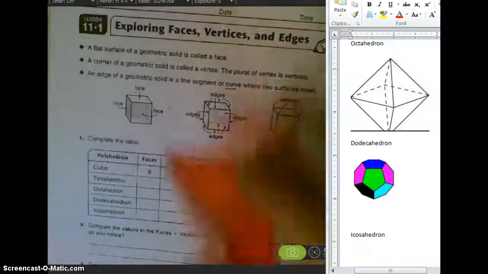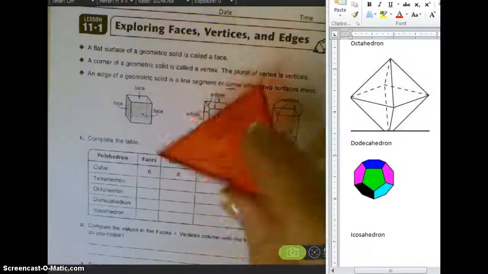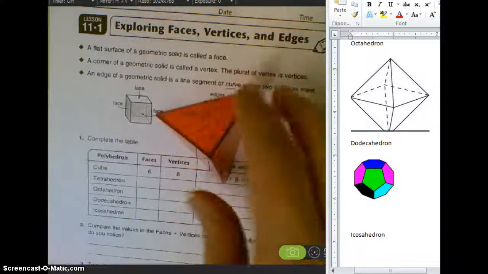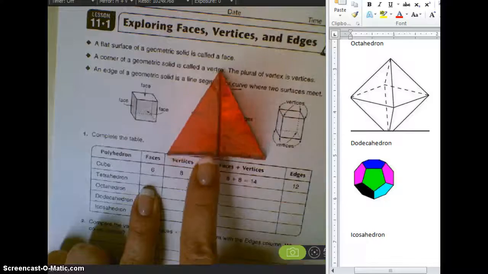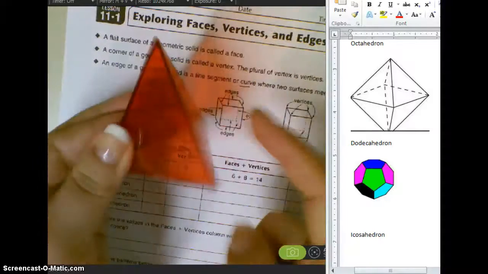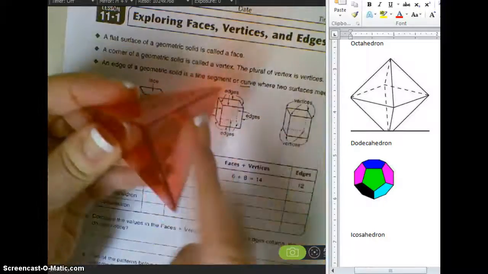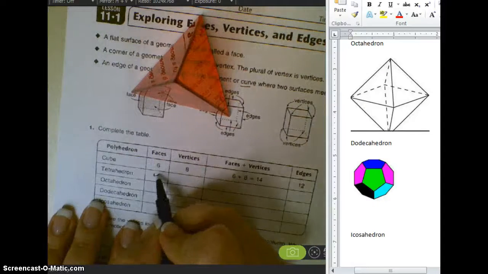A tetrahedron has all equilateral triangles. So when we talk about the number of faces, we've got 1 on this side, 2, 3, plus the base makes it 4. So 4 faces.